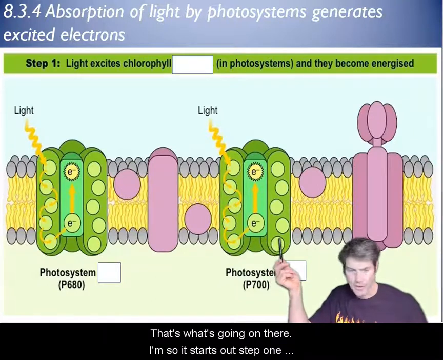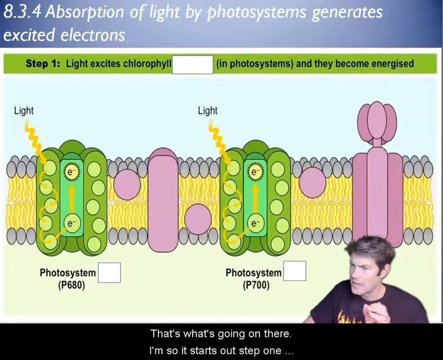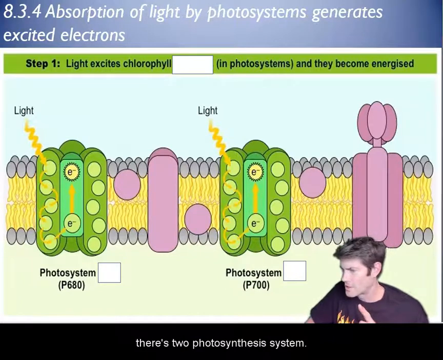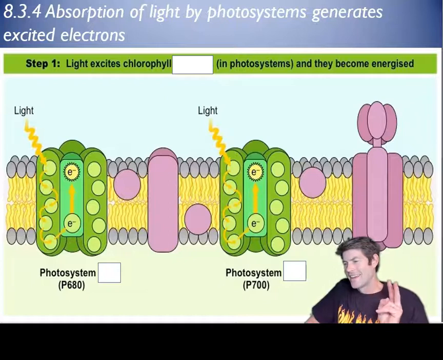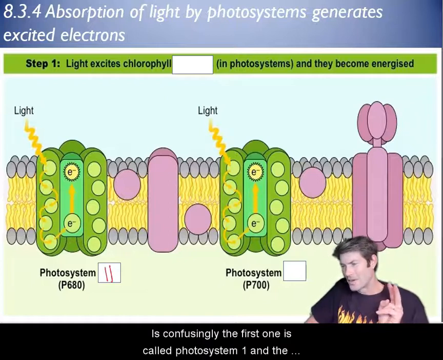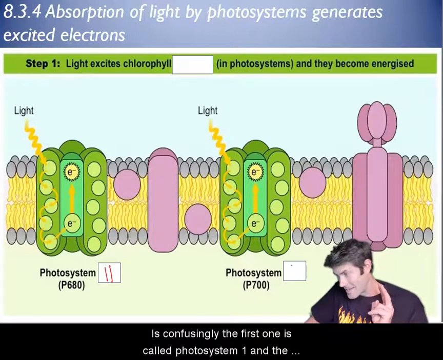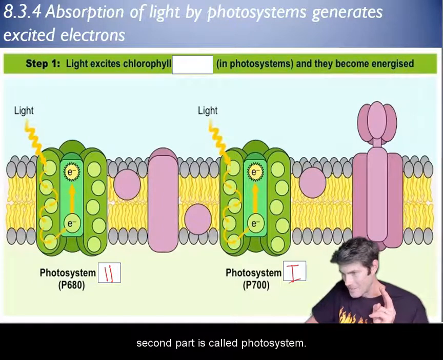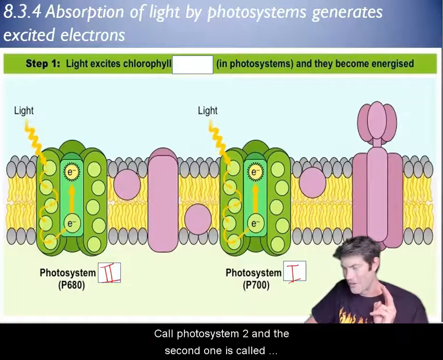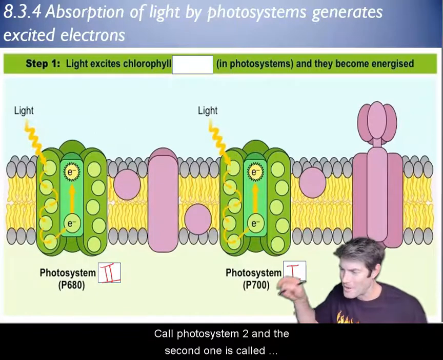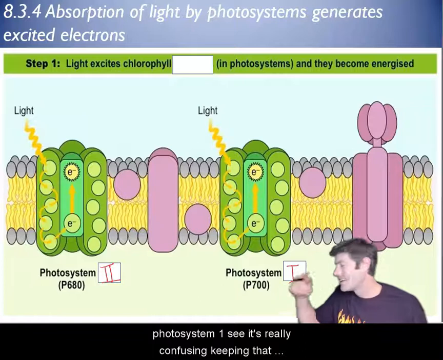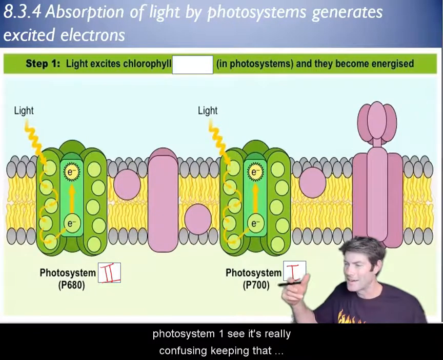That's what's going on there. So it starts out, step 1, there are 2 systems. And confusingly, the first one is called photosystem 2, and the second one is called photosystem 1. It's really confusing keeping that straight.